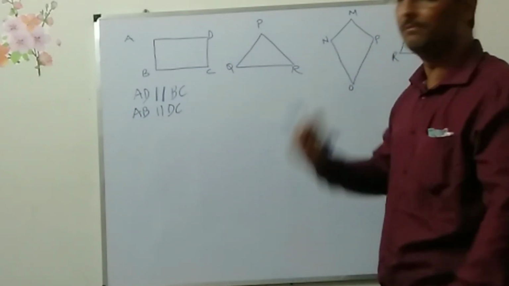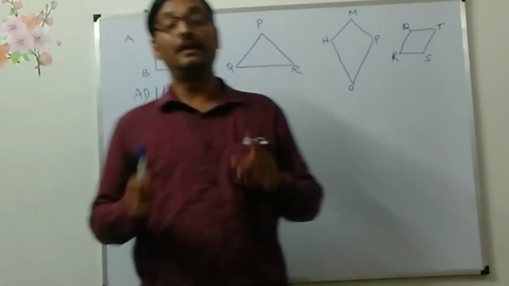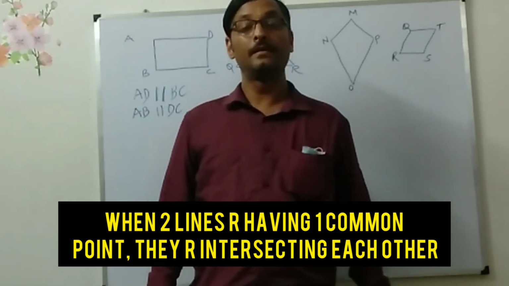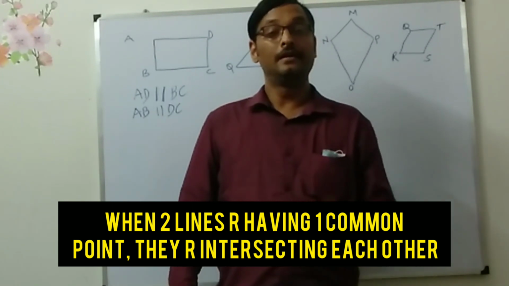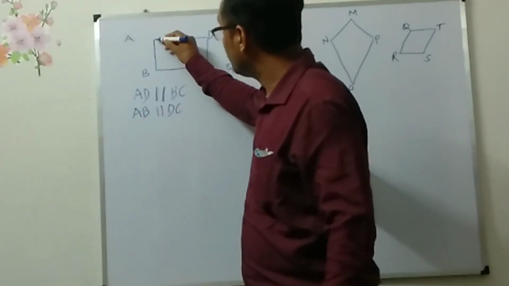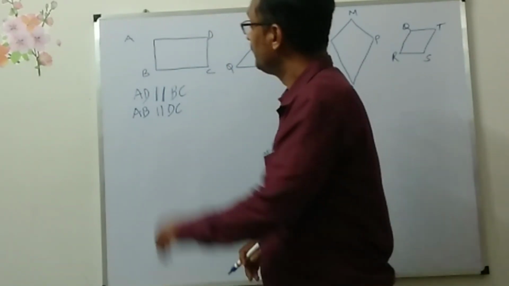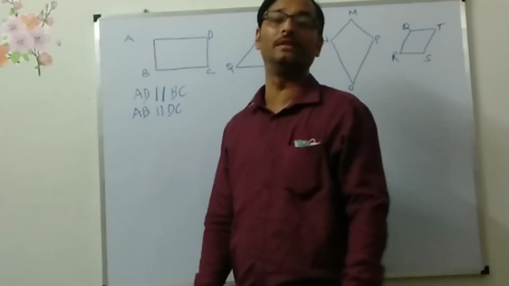Now, you need to tell me what is the intersecting line. Intersecting line means what? If two lines are having one common point, they are intersecting each other. This is one line AB, BC is another line. What is the common point in between them?